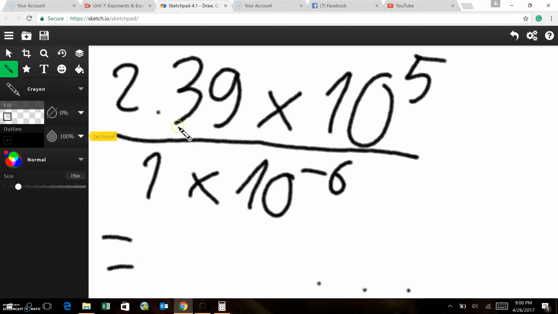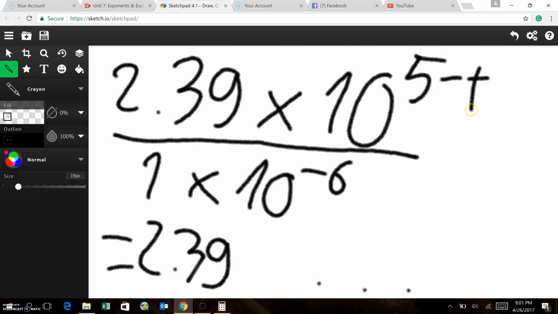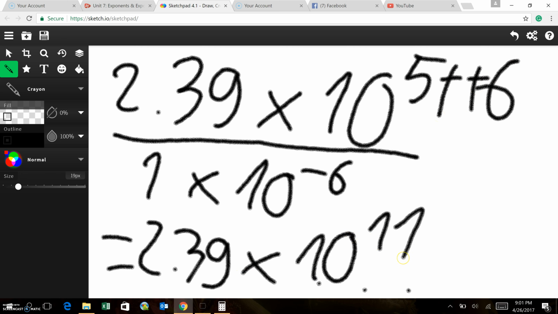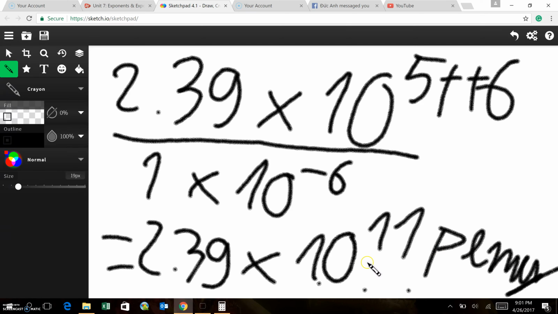So 2.39 divided by 1 is 2.39, and in this case we're gonna use the quotient rule, which is 5 minus negative equals plus, so we add, which is 11 pennies. So this is the answer for question C.